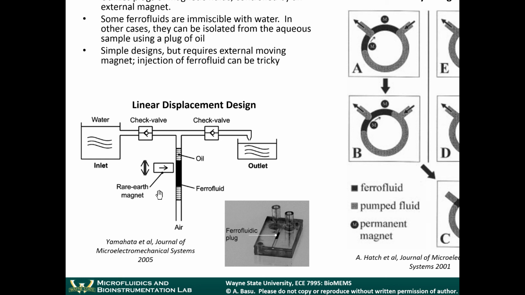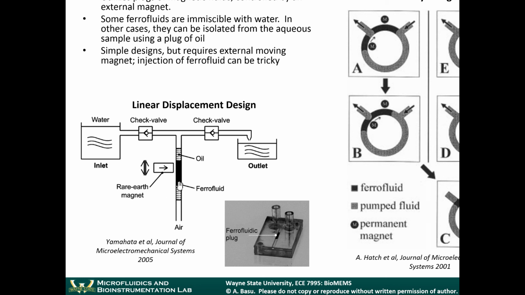Now, one interesting thing here is that remember that water and oil are immiscible. In a microfluidic channel, if you put oil in part of the channel and then you have water here, this oil is literally going to push on the water, but it's not going to mix into the water. So that's why this fluid can act as a plunger, like a rubber plunger.